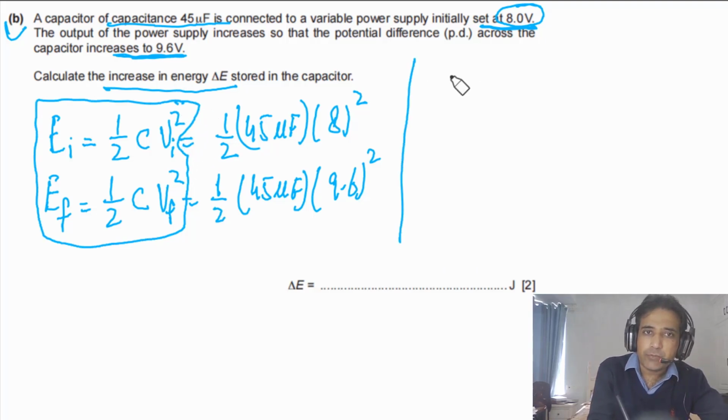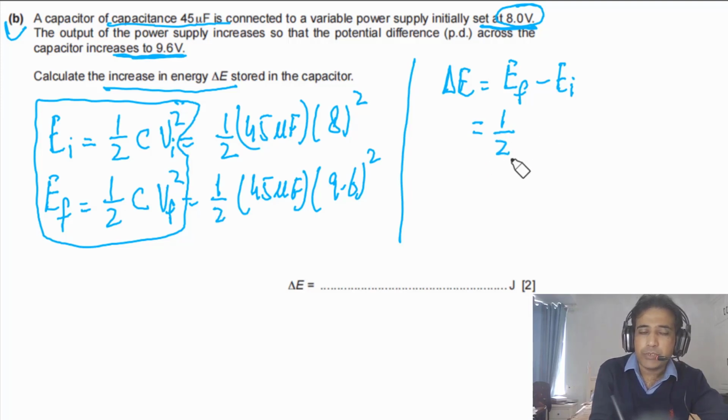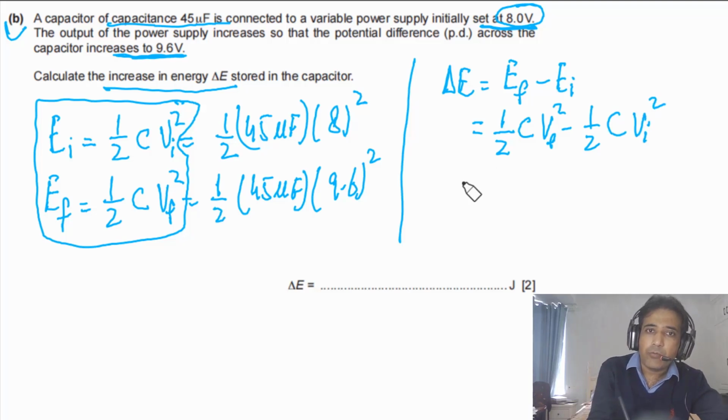With the help of this, we can simply say delta E will be equal to E final minus E initial. As you can see, 1/2 C is common, so we can take it out.